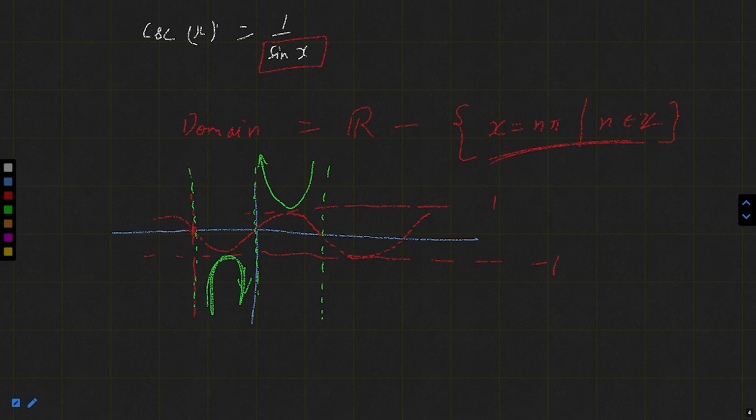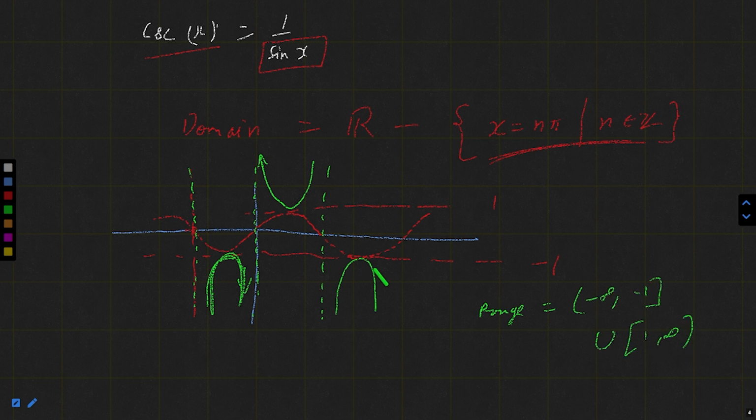So this says that the graph will look something like this. I hope it is clear how we drew the graph for cosec and sec. As you can see, the graph covers only the part from minus infinity to -1 union 1 to infinity.